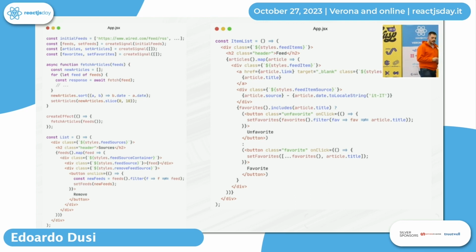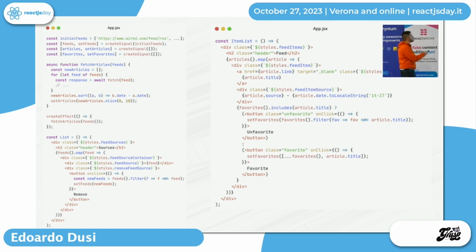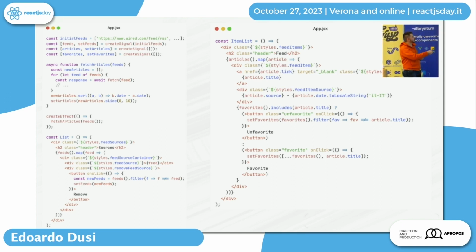And then when I want to set new values inside my signal, I just call set articles here. That's a bit different, because with create signal I have two values, the getter and the setter, and I have to call the setter to set what's inside my signal. So I'm calling set articles when I get new articles and set the value of my signal.